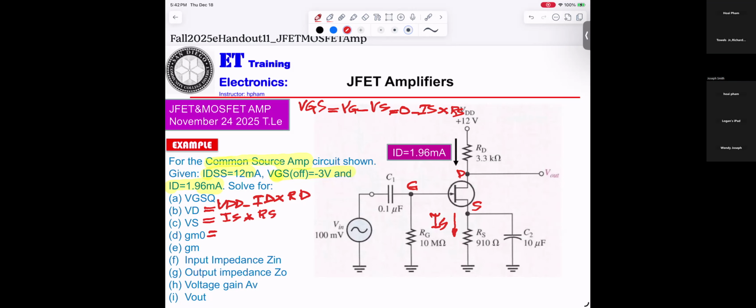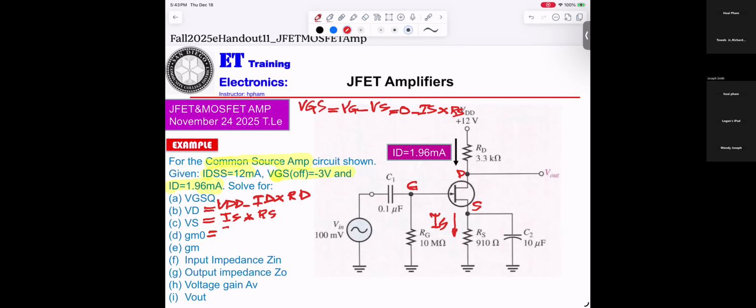What's the formula to calculate gm0 if it's not given to you? It's 2 IDSS over VGS off.